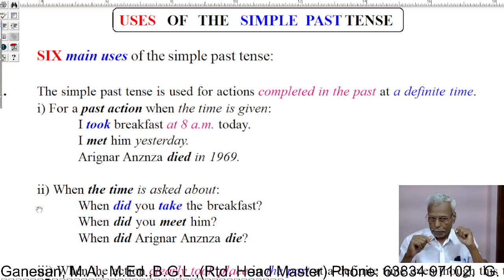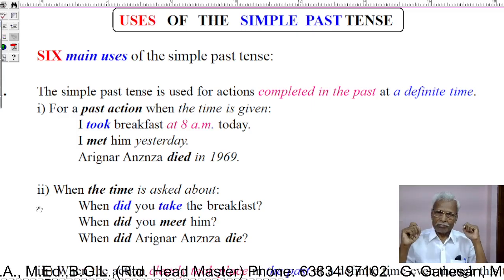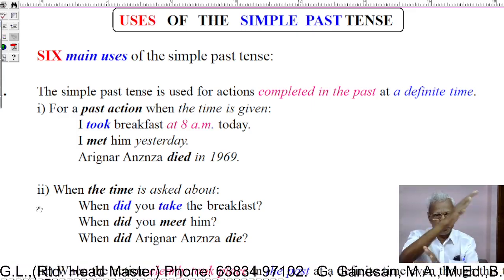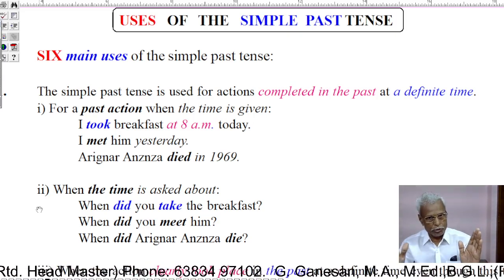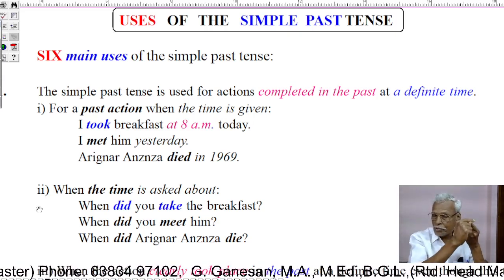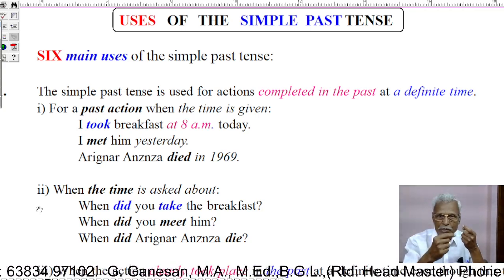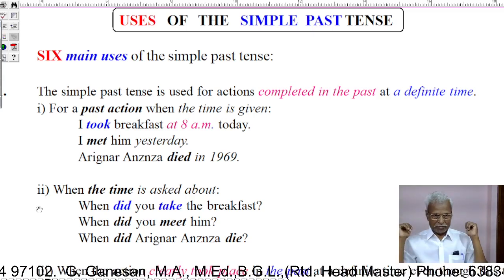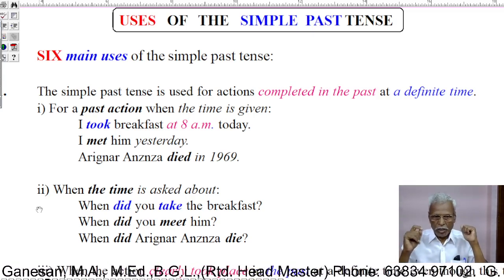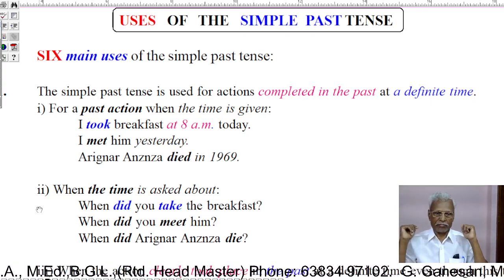See, first, for a past action, when the time is given, for actions that happened in the past, we are going to use the simple past tense. For past actions, when the time is given: I took breakfast at 8 a.m. today.